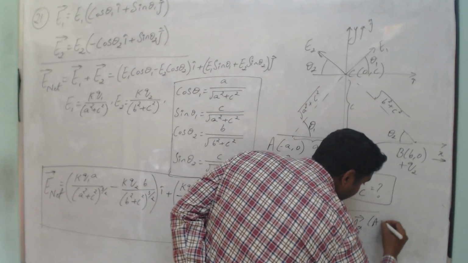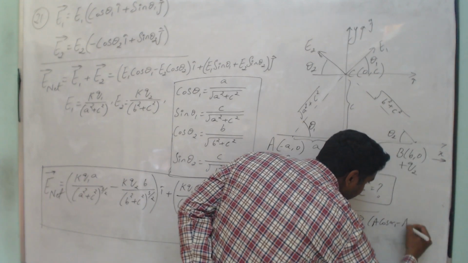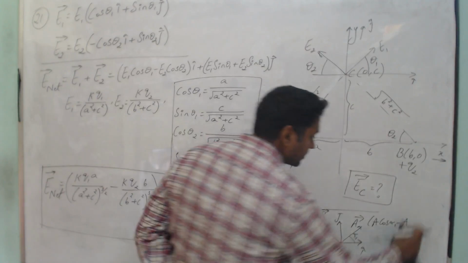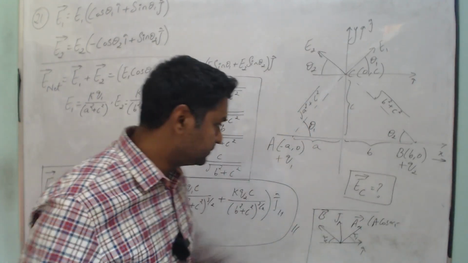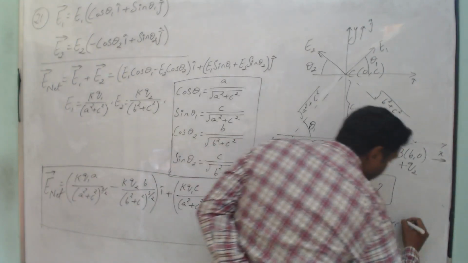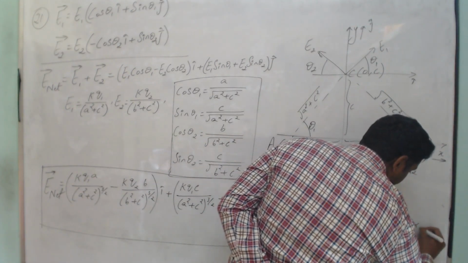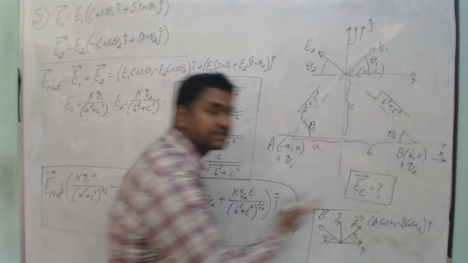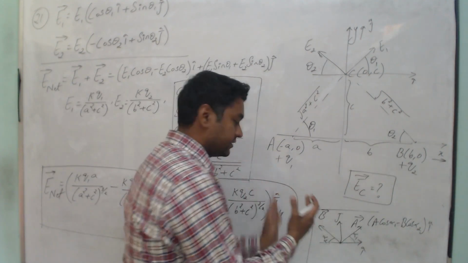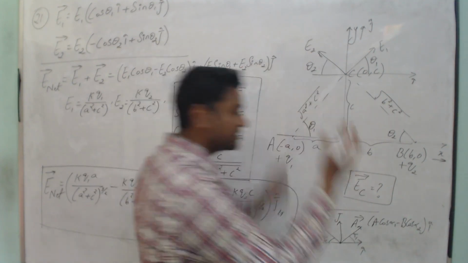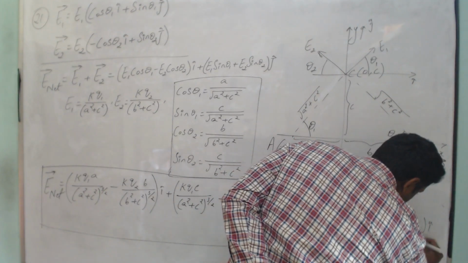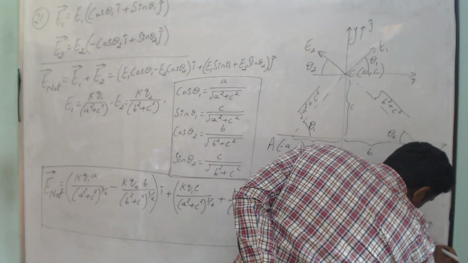I will simply say A cos alpha 1 minus B cos alpha 2, but this is along x-axis, so I cap. A sin alpha 1 plus B sin alpha 2 in j cap.